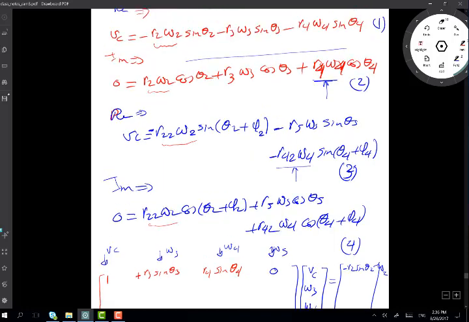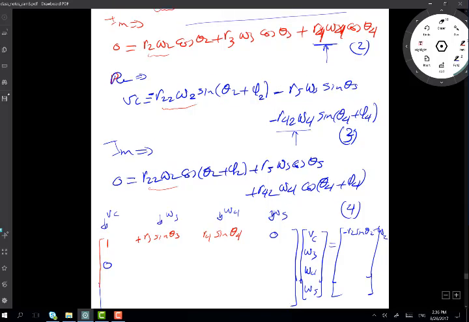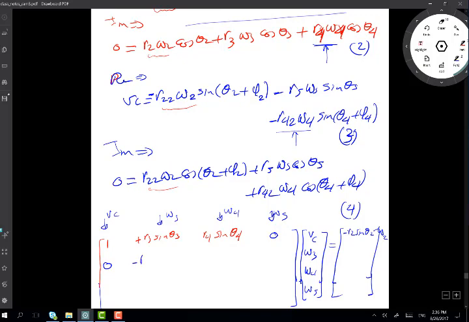For my second equation, equation 2, VC doesn't appear, it's actually multiplied by 0. Omega 3 in the second equation is multiplied by minus R3 cosine theta 3, and omega 4 is multiplied by negative R4 cosine theta 4, and there is no omega 5, so that's 0.